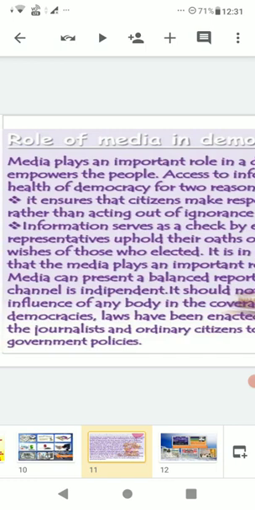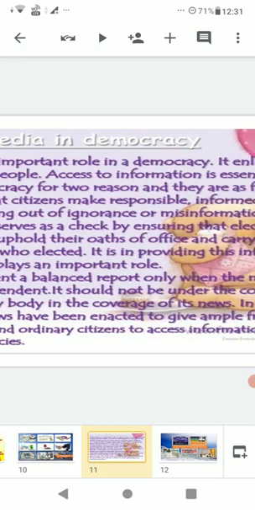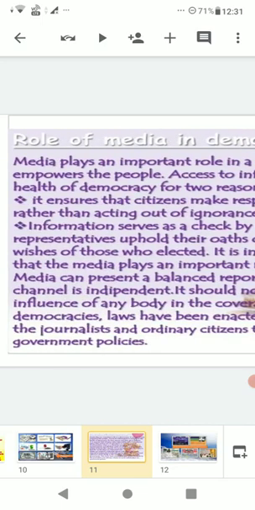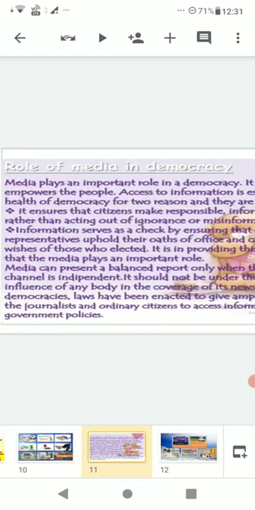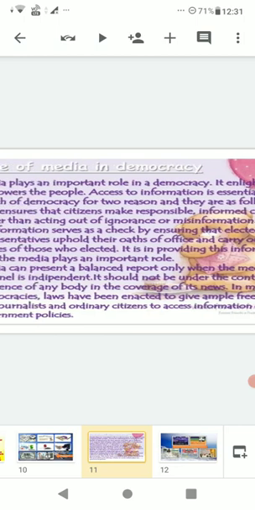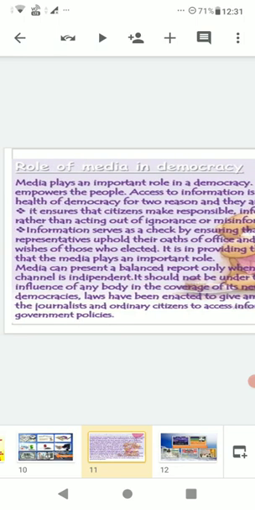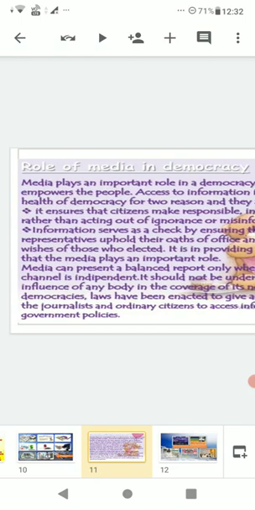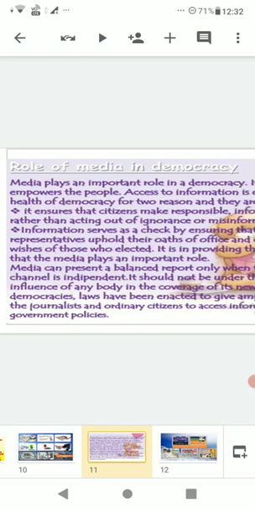Second, information serves as a check by ensuring that elected representatives uphold their oaths of office and carry out the wishes of those who elected them. It is in providing this information that the media plays an important role.